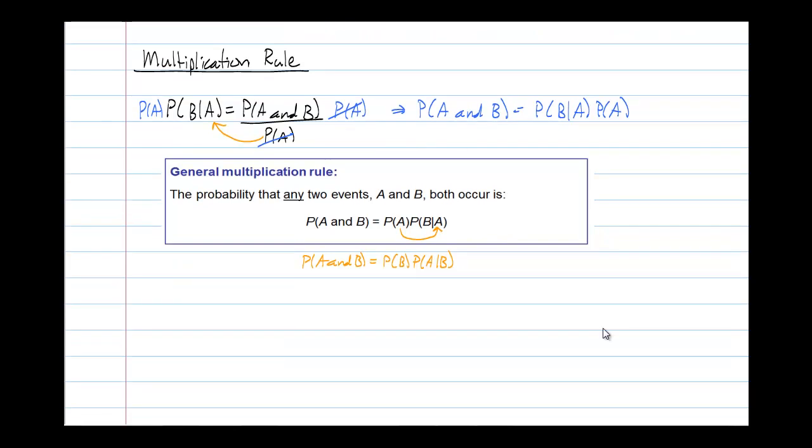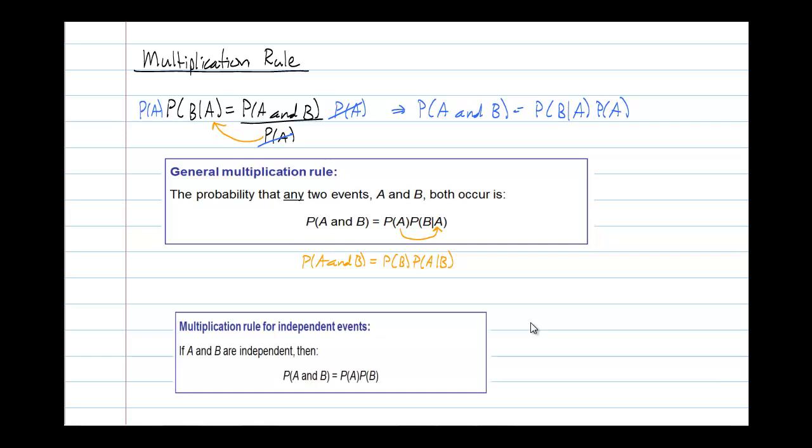Now this rule will change a little bit if we talk about independent events. If I have independent events, what ends up happening here is this conditional, the probability of B given A, basically falls down into just the probability of B. Because if I have independent events, the probability of B given A is equal to just the probability of B. So what I'm doing is I am substituting in.